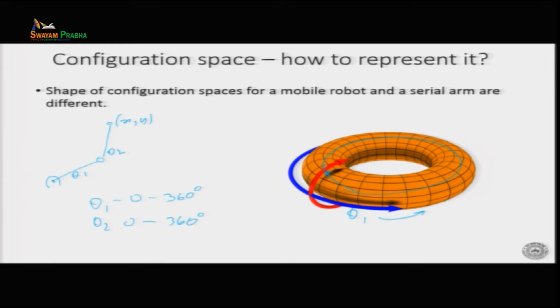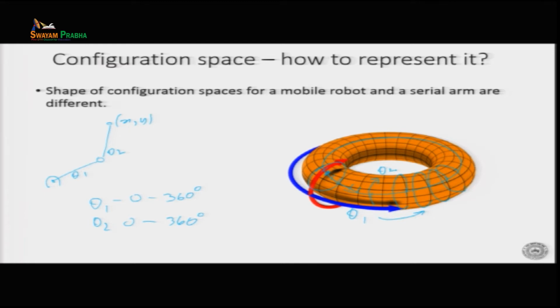On every point on this theta 1, theta 2 can also vary from 0 to 360 degrees, so I get one more circle, shown by the black ones here. These black circles are basically theta 2. So theta 1 is in this direction and theta 2 is in that direction.